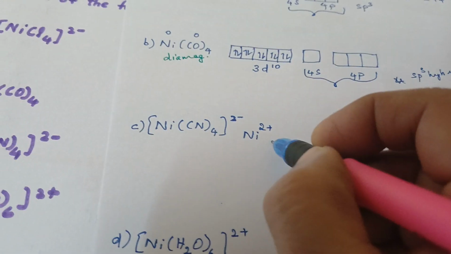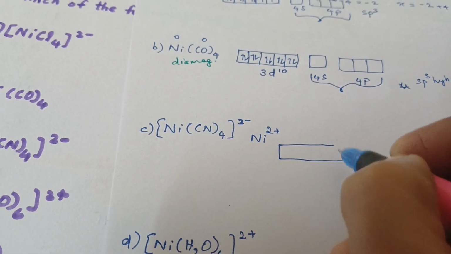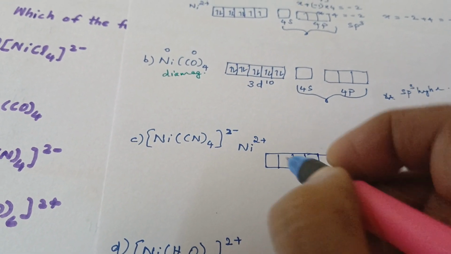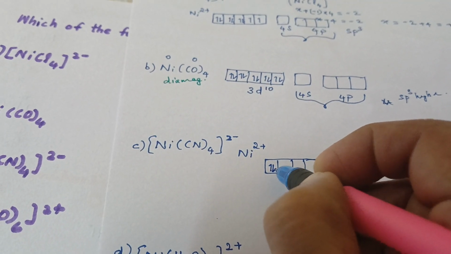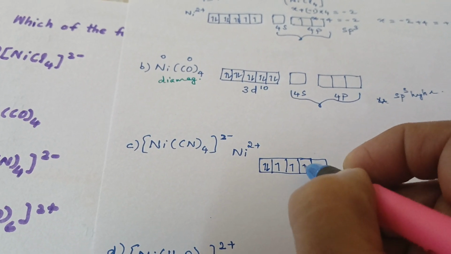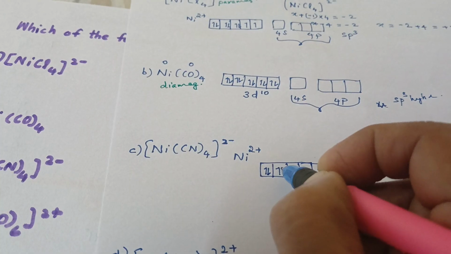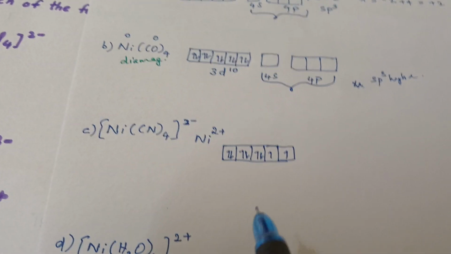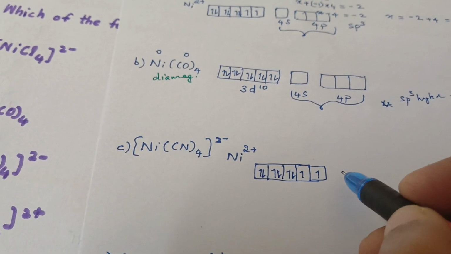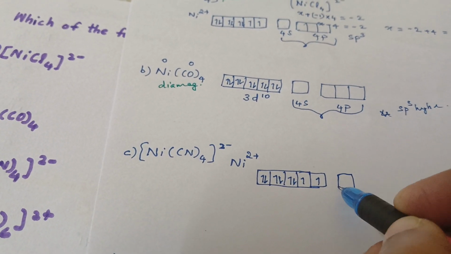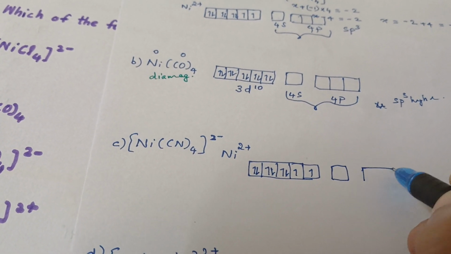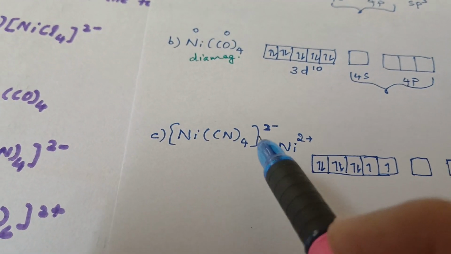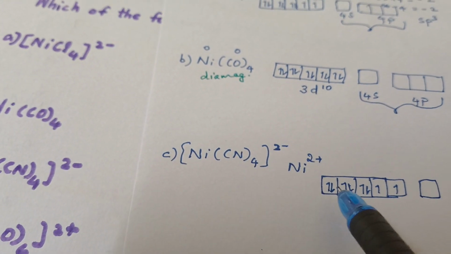So we can put it like this, 3d8, because the 4s electrons are gone. Now here also CN is a strong field ligand.